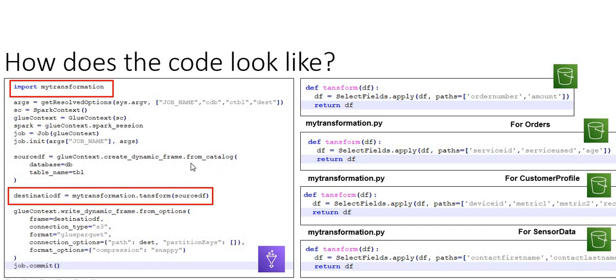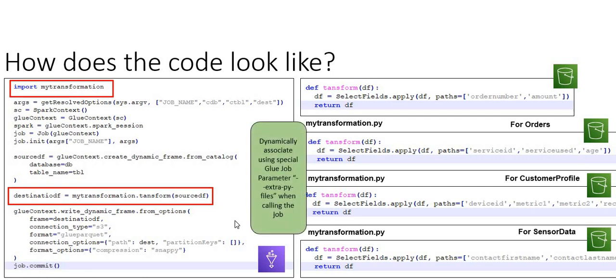So you can see here, my job code remains the same because the file name, which I need to import for my transformation, is the same, and the method called is the same. Now all I need to do, using that glue special parameter, is dynamically assign these files to the glue job whenever I am doing ingestion for orders or customer profile or census table.